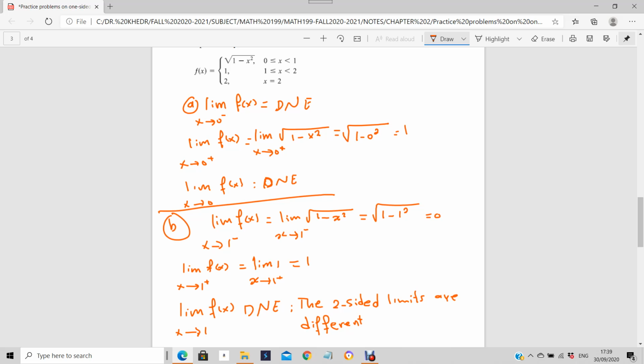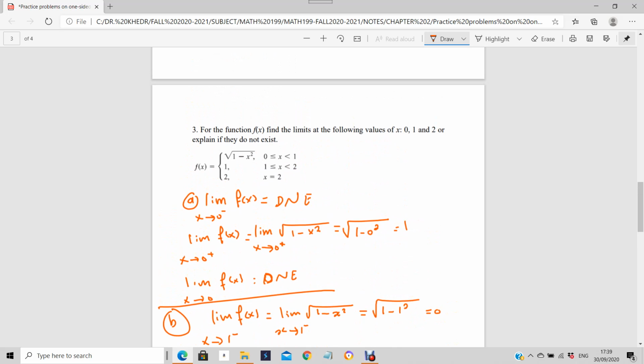What else? At 2. Okay, so the limit at x equals 2 for the left side limit is equivalent to 1. For the right side, the limit does not exist because the function for x greater than 2 is undefined.